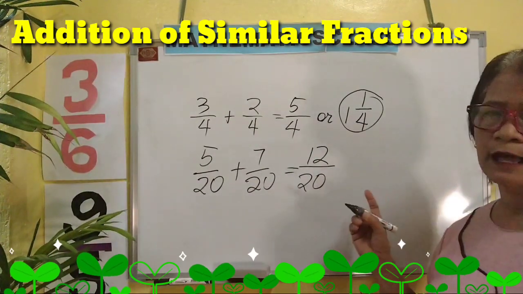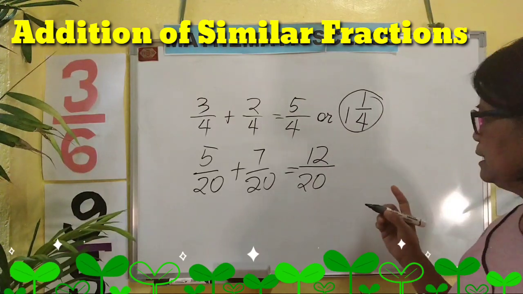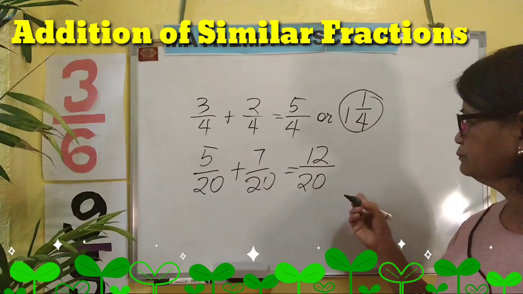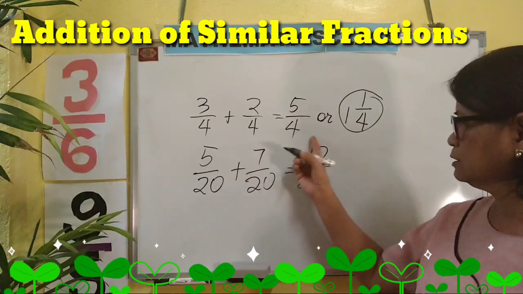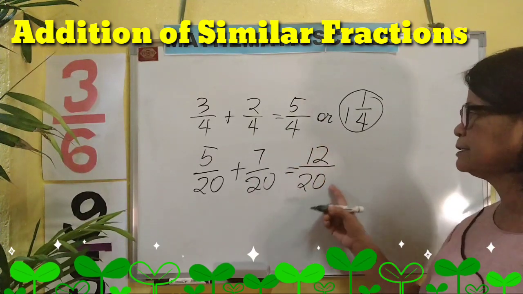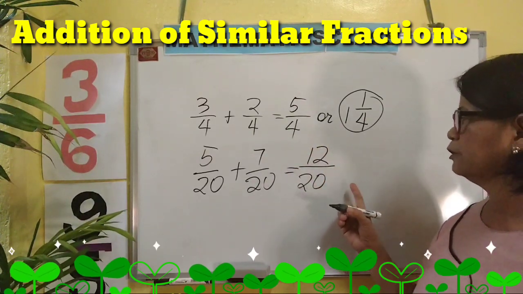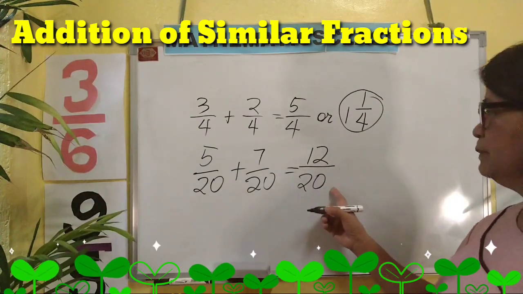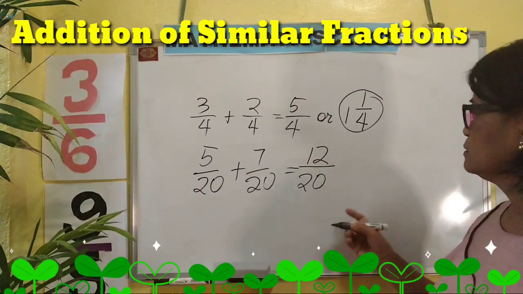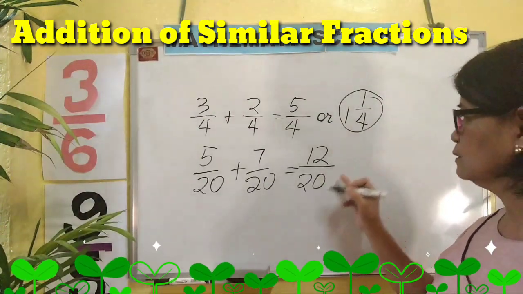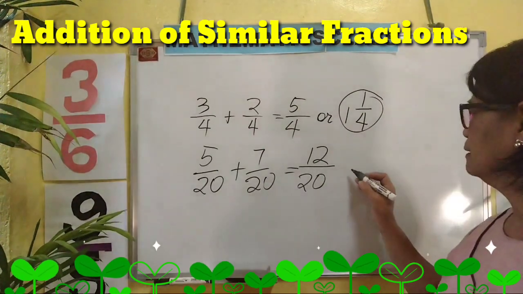So, let us find out if there is a lowest term for this answer. To know if there is a lowest term, we need to know if there is a greatest common factor for 12 and 20. The greatest common factor for 12 and 20 is 4. 12 is divisible by 4 and 20 is divisible by 4.